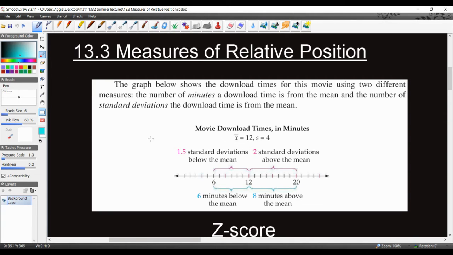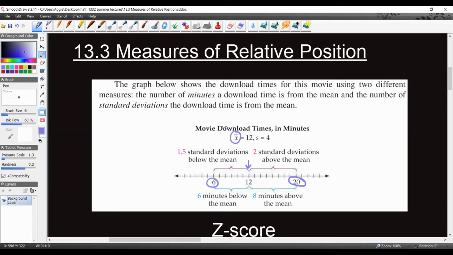Let's say you and your friend downloaded a movie. It took you 6 minutes to download that movie, while it took your friend 20 minutes. According to the arithmetic mean, which is 12 minutes, on average it takes 12 minutes to download that movie.